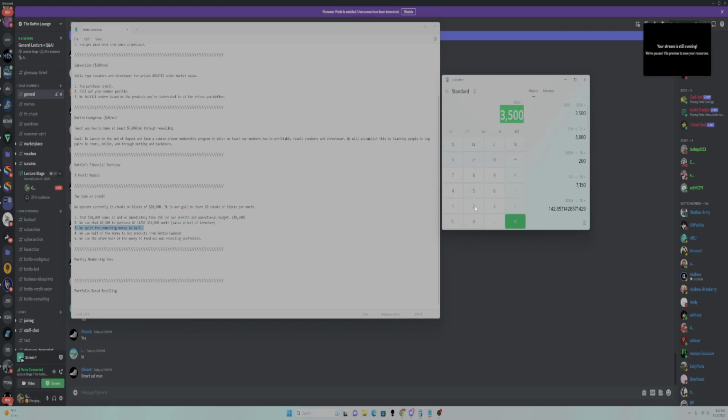Okay, $3,500 divided by 2 is $1,750. This means that from this block, there's $1,750 that will be paid out to people who sent stuff in from Kottio Kashout, and then there's $1,750 that will go into our own reselling portfolios, which we'll talk about here in a minute. Does this make sense to you guys?